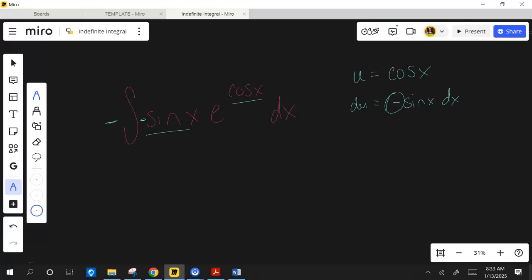Anything that's not contained in the integral, we're only looking at numerical coefficients, not functions themselves.